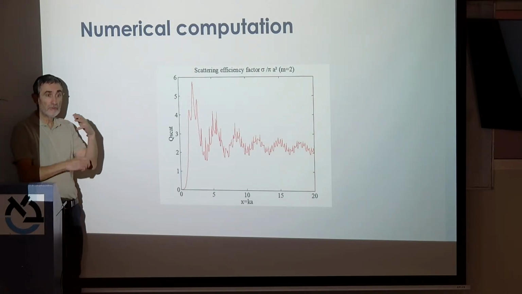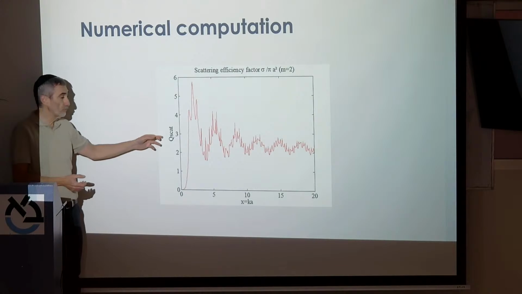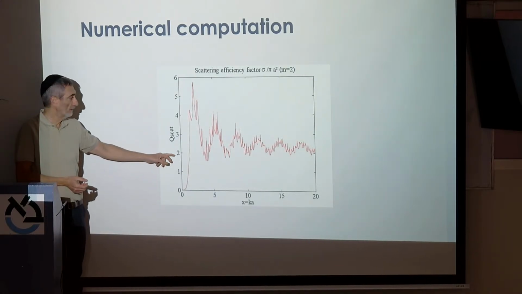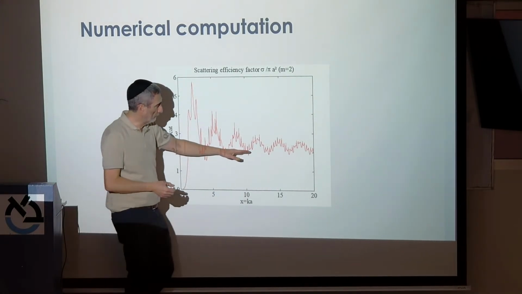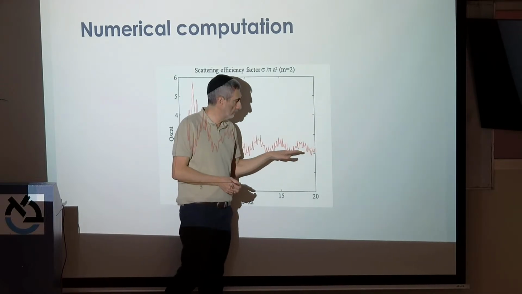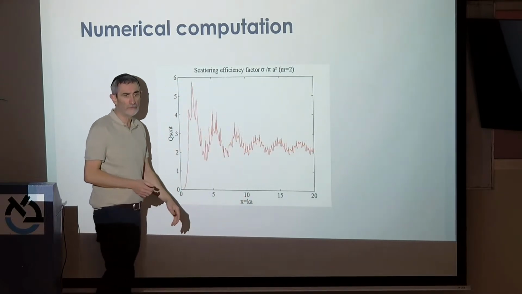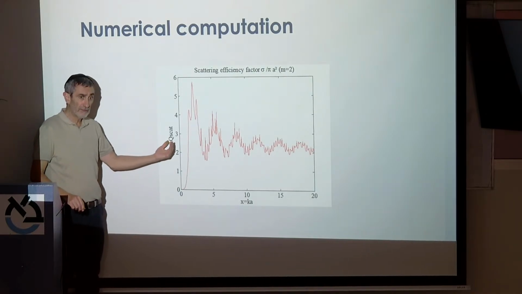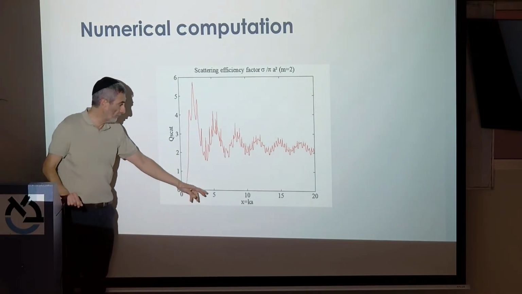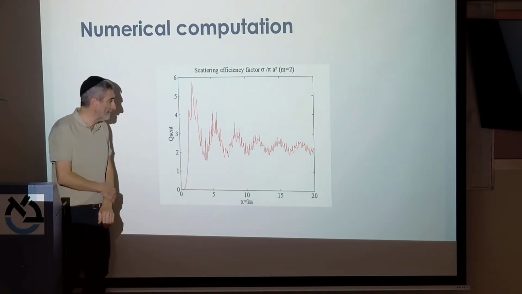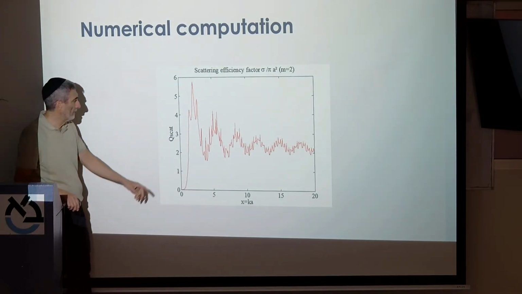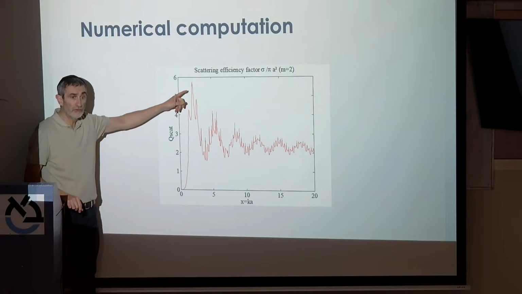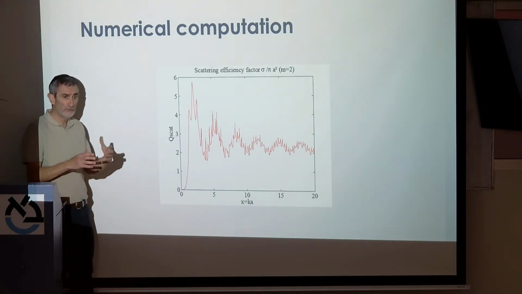In the limit of very large scatterer, Q should go to 2. What you see is that if you go to very large scatterer, you converge to this value 2. But before that, even for large values of the parameter x, you can be much higher than 2. And this is because of resonant effects.